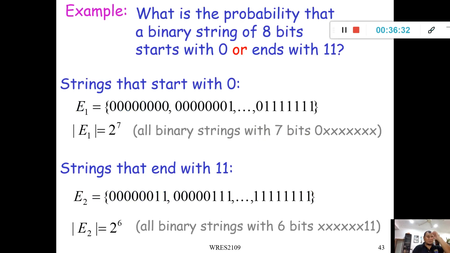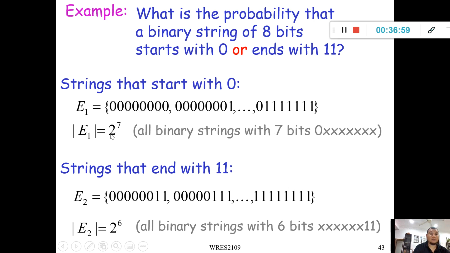Straightforward. So what is the probability that a binary string of 8 bits starts with 0 or ends with 11? Strings that start with 0: you have a 0, and then 7 remaining bits, so 2 to the power of 7 ways to arrange 0 or 1.